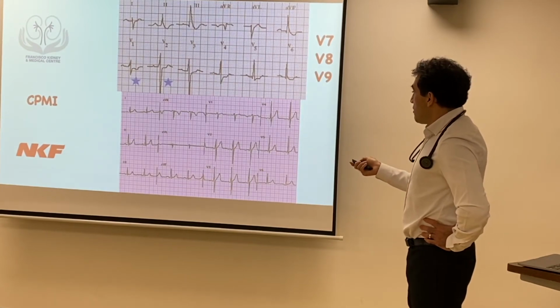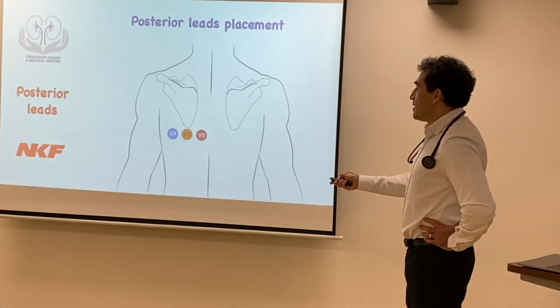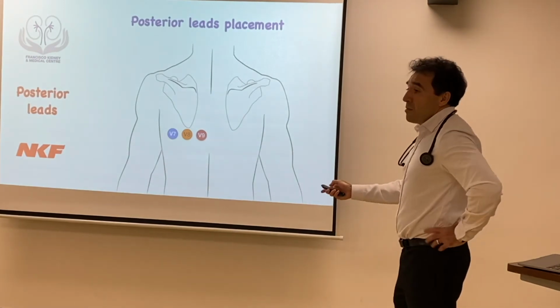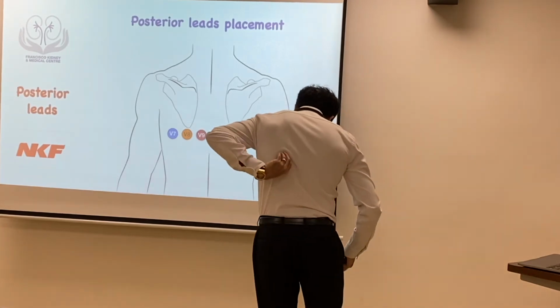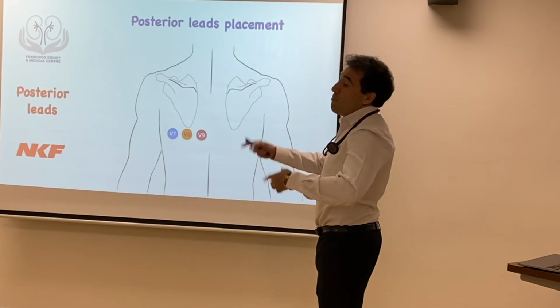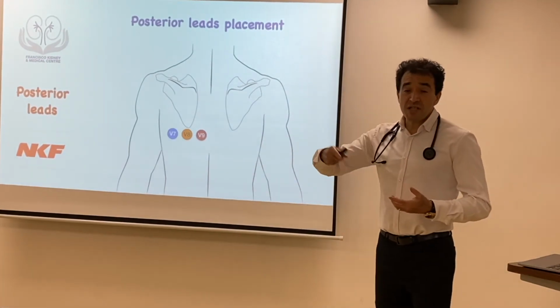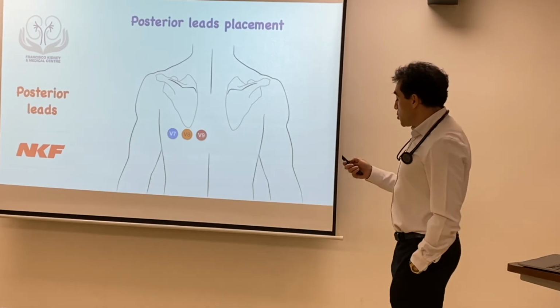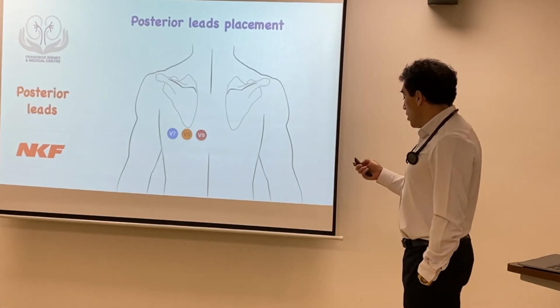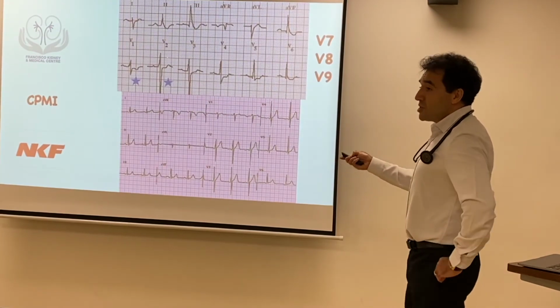To identify that, what you need to do is place the electrodes at the back. Now you will be watching the heart from this position, and in these leads you will see the Q waves, or if it's acute, the ST elevations. What you saw before was indeed a reciprocal image of those changes.